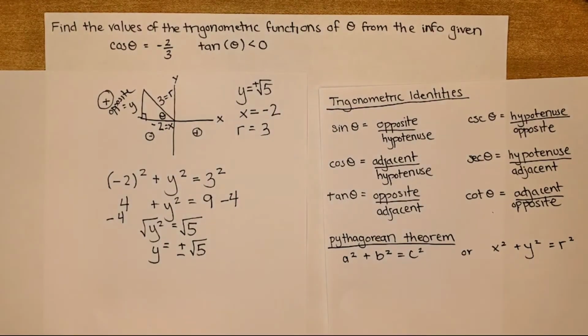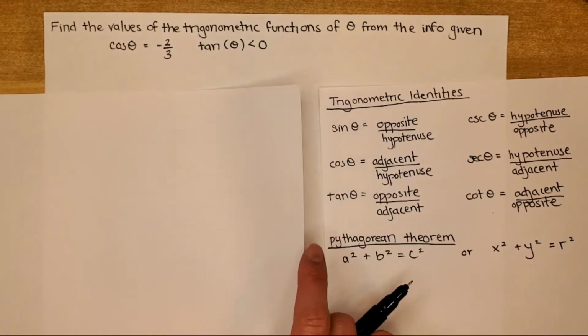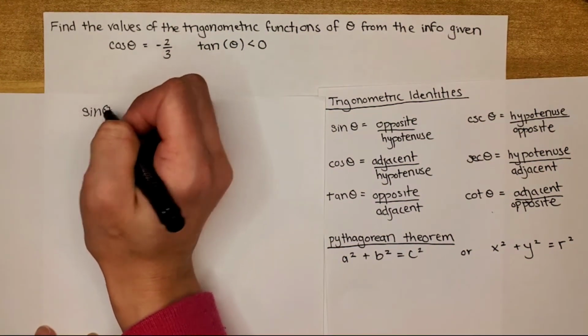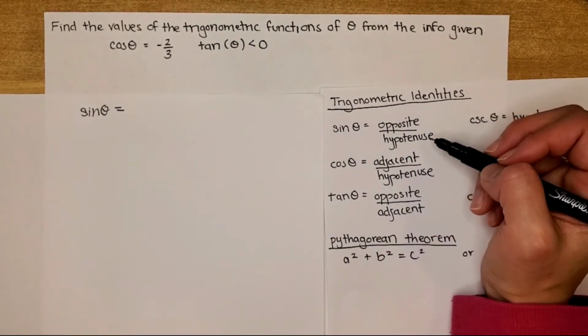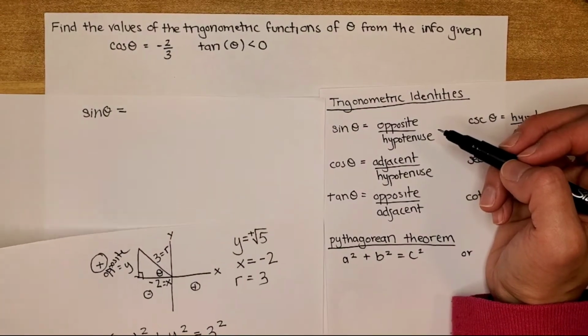Now, these values are going to be really important because we're now going to start solving for our trigonometric functions. And so let's start with sine theta, which is opposite over hypotenuse. Let me go ahead and put this back up here for reference for you guys.